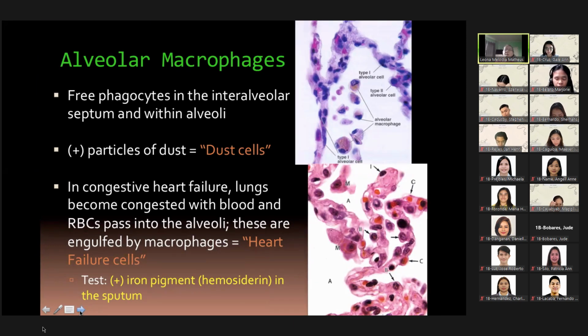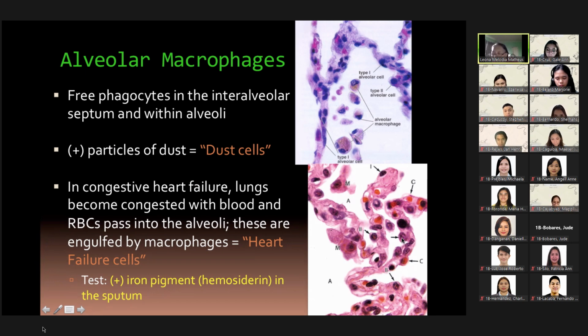Now, another thing that you may find within the interalveolar septum is your alveolar macrophage. So the macrophages may be found in the septum here or within the alveolus itself. Like this here. These are macrophages, this one. And here also, as noted, meron din dito. So, ayan, this one here.